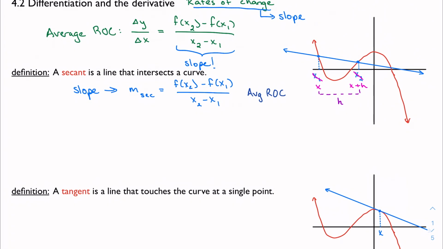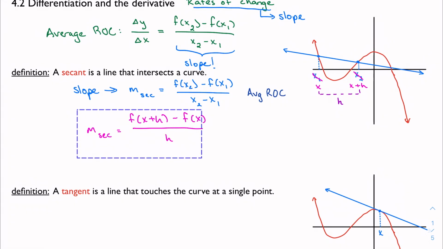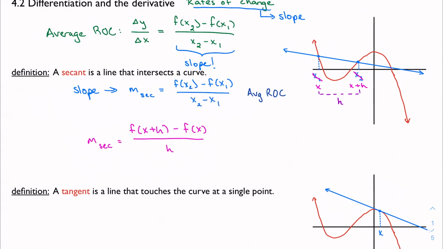Well, now how do I express the slope? The same way that I did before. x2 got replaced with x plus h, x1 got replaced with just x, and then if I do x plus h minus x, I just get h. On its own, this is not particularly helpful. It will be in a minute, though.